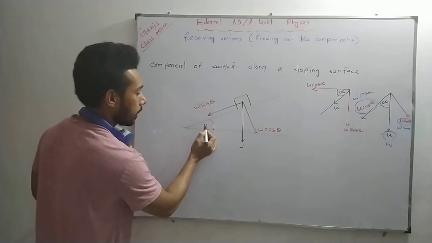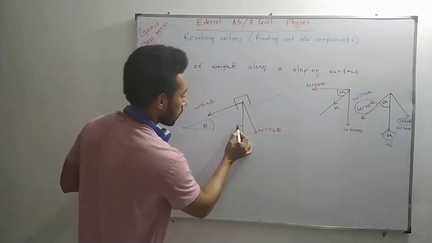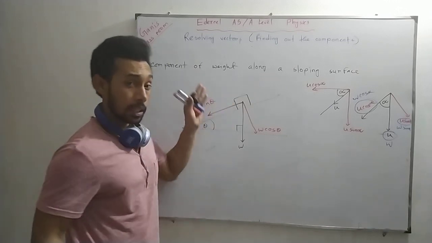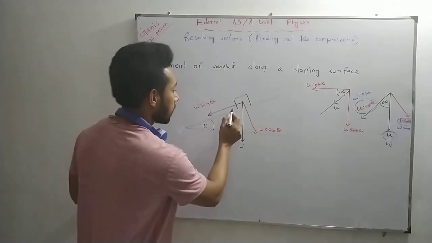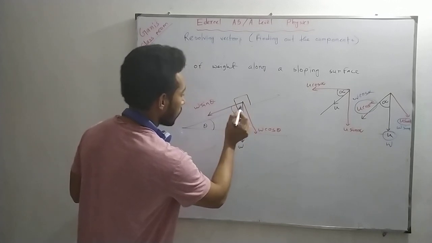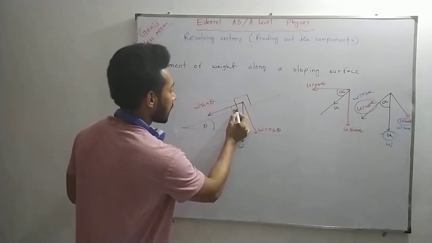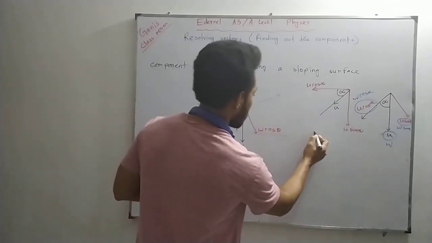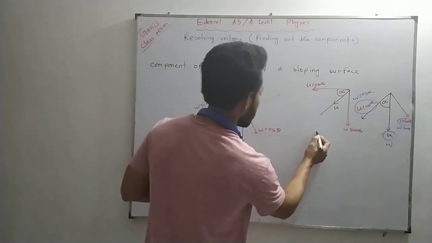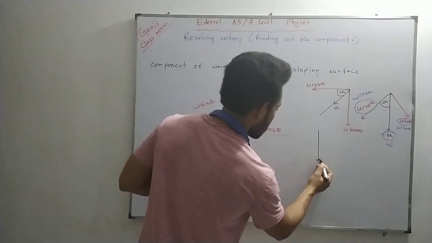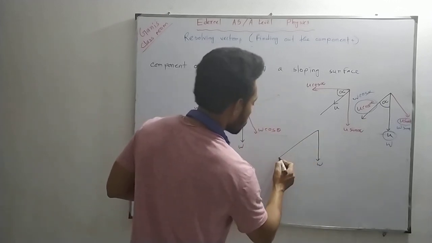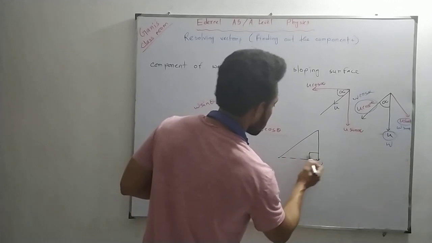Look, if this is theta, then this one will be 90 degrees since weight is acting vertically downwards, and this angle will be 90 minus theta. Again, if I simplify, this is the weight, this is the direction of the slope, and this is perpendicular.